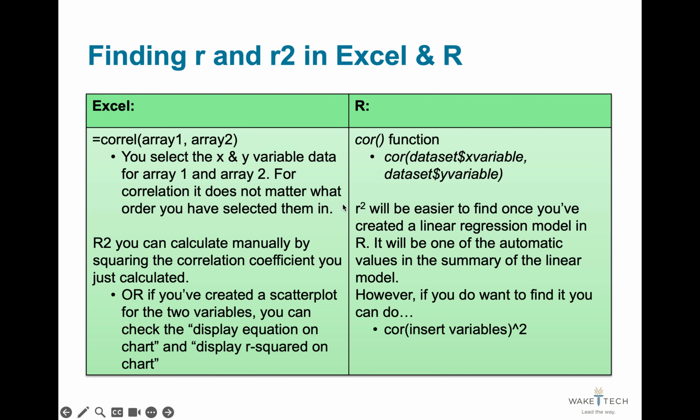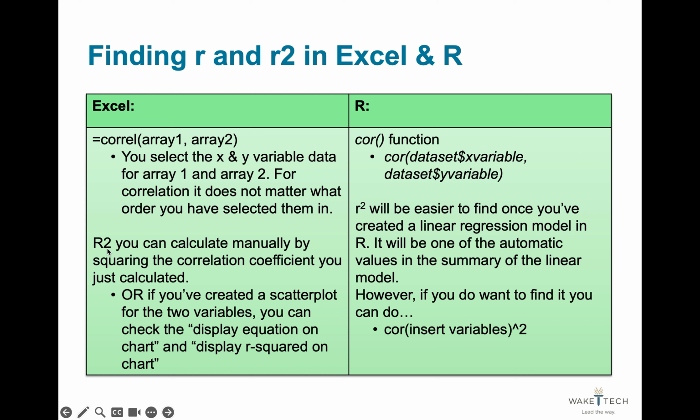All right. When we're finding R and R squared, you can use Excel or R to do this. There's actually a few different ways, so I've modeled just a few here. In Excel in 152, we did this, and we did the equals CORREL, and then you highlighted your x and y variable data.